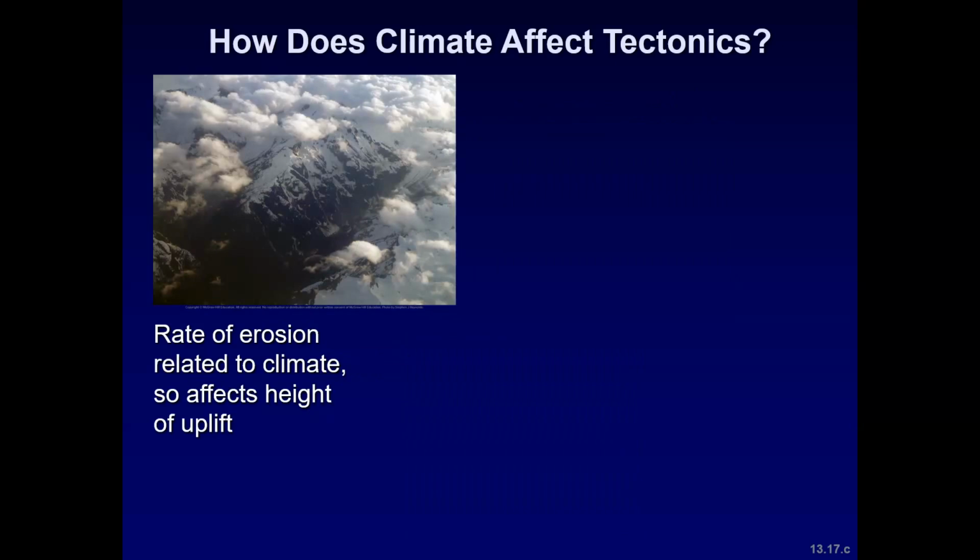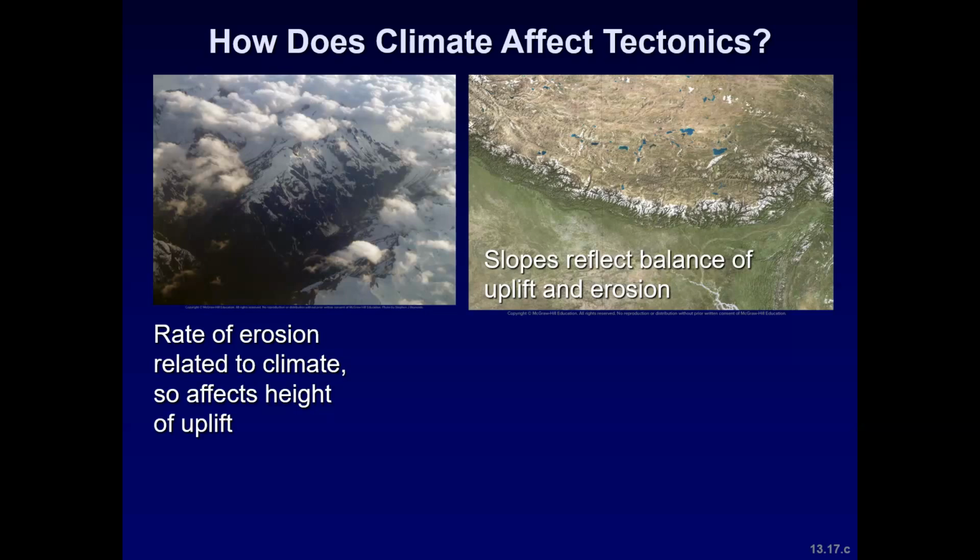So how does climate then affect tectonics, if tectonics affect climate? We'll think about the rate of erosion. It's related to climate, so it affects the height of the uplift. Continental collisions produced extremely high mountains, which force wind belts to flow around and over them. Uplift leads to erosion, which acts to lower the mountain range, again affecting the climate.